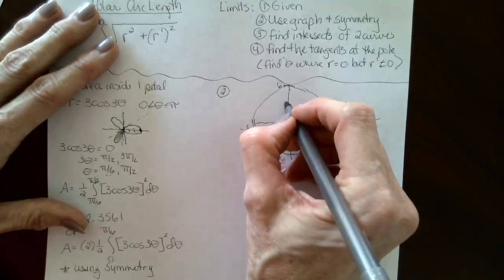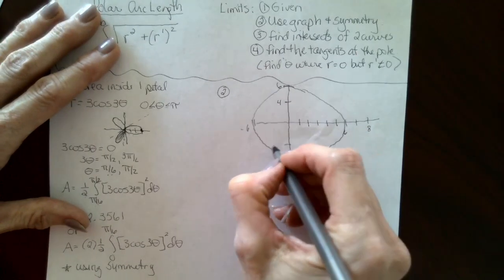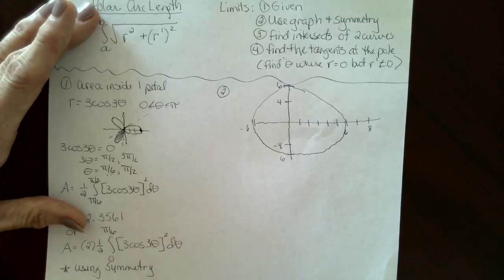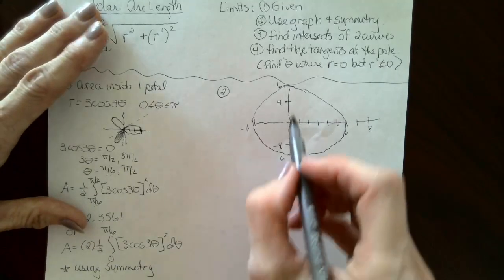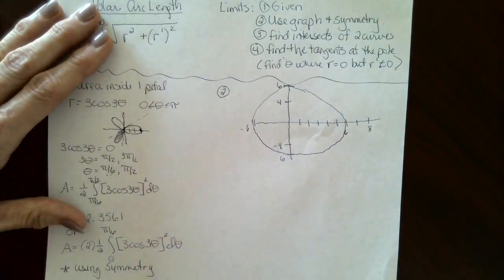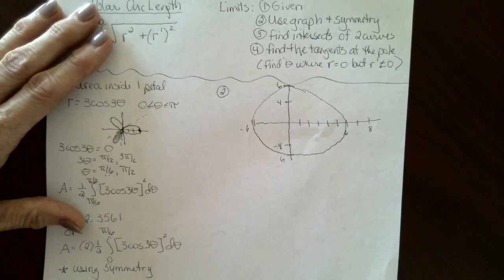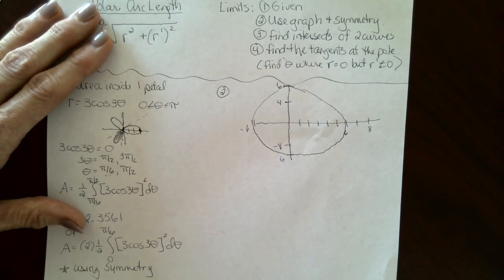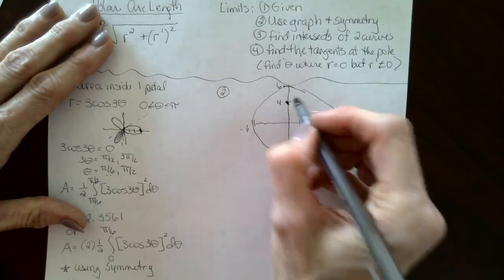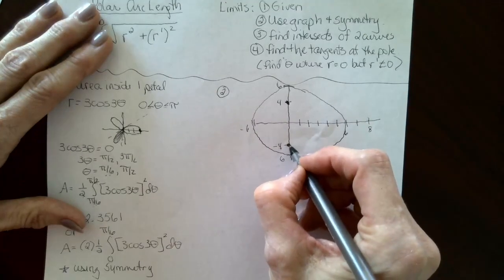So here is 4, negative 4. I'm doing this because I know that 4 plus 4 cosine theta at pi over 2, cosine of pi over 2 is 0, so r would be 4 plus 0. So I'd be right here at pi over 2, and at 3 pi over 2, I'd be down here.